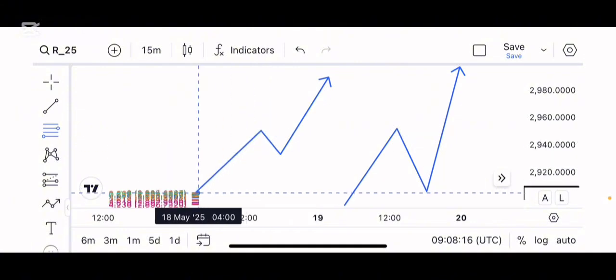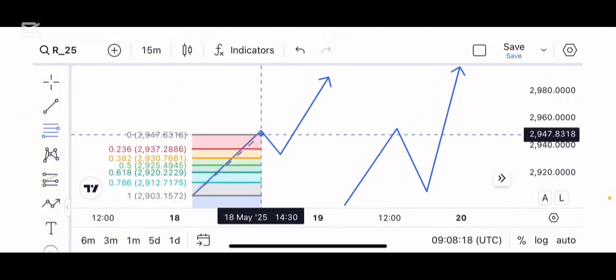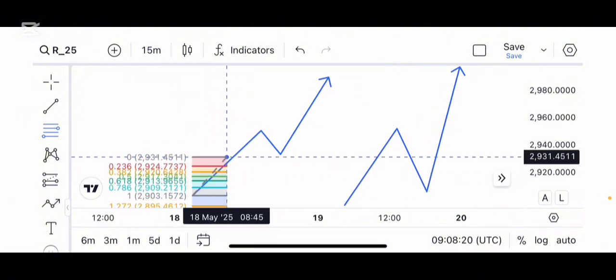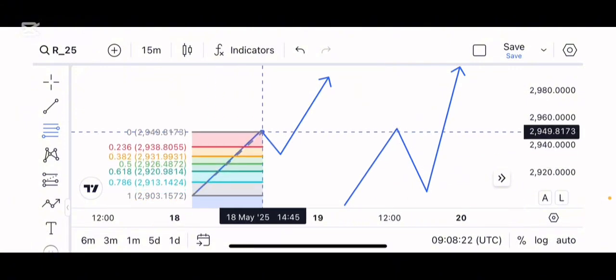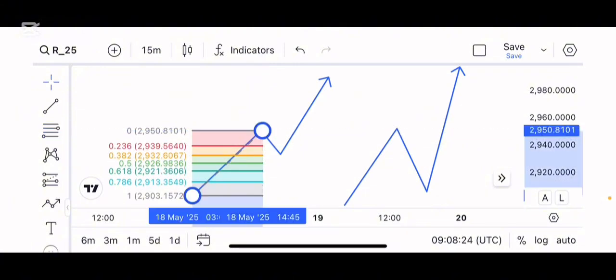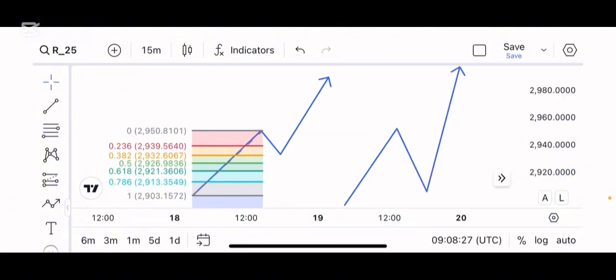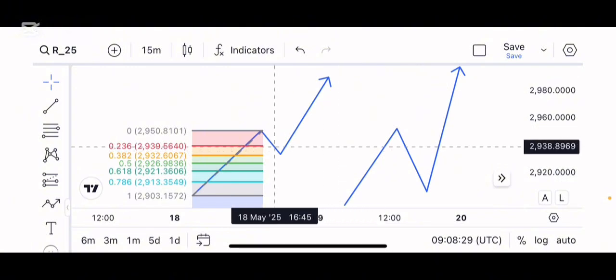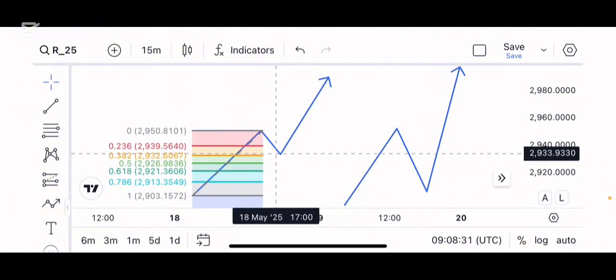Now look, I just drew my Fibonacci from this point to this point. That's how you draw it. If this is the movement of the market, this Fibonacci will tell you where the retracement is. You can see this one here just touched the 38.2 Fibonacci, which is very good.